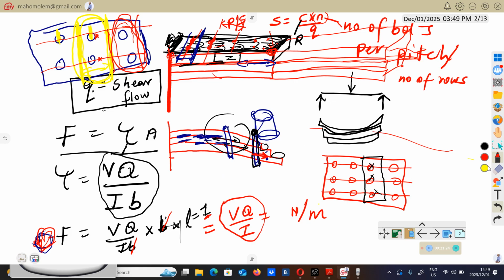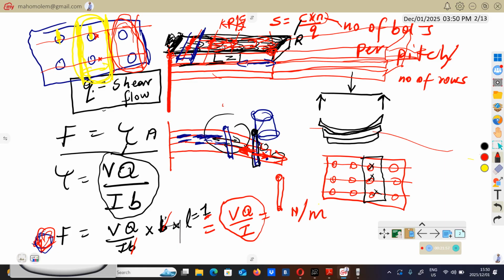This bolt has to resist, must push in opposite direction. So it must make sure that due to bending, as this thing will be pushing in this direction, the bolt must apply force in opposite direction. So let me draw a bolt like this. Due to this force here, which is the shear flow that will be generated here as this thing bends, without the bending, this force won't be there.